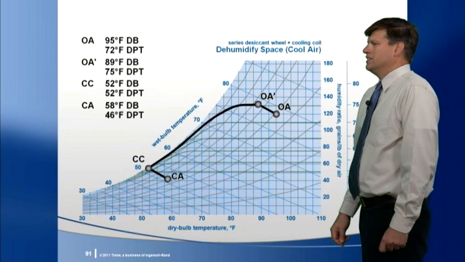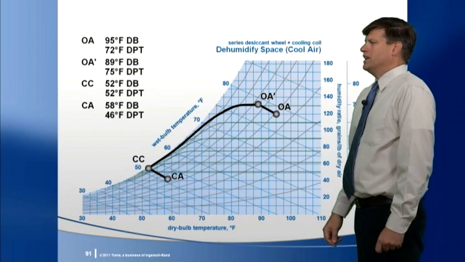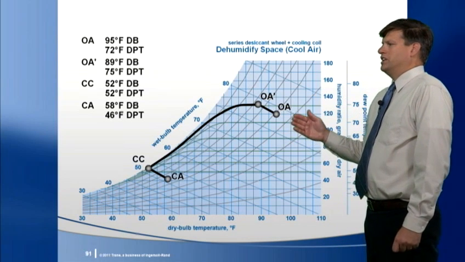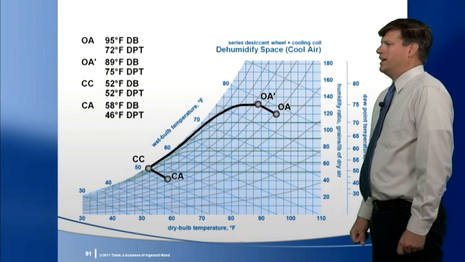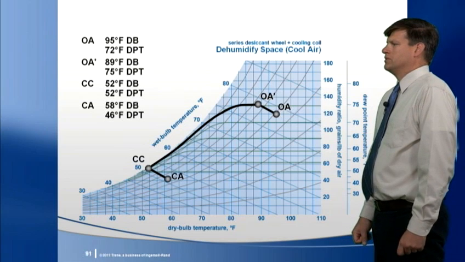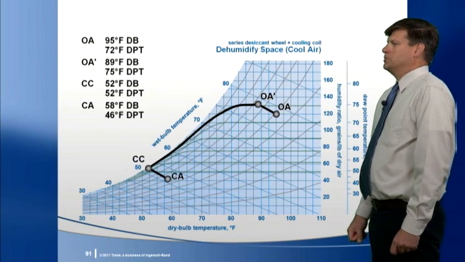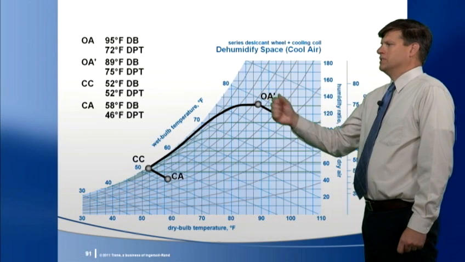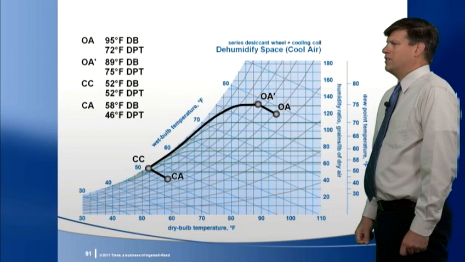The moisture and heat then are transferred to the incoming outdoor airstream. The outdoor air is at 48% RH, so the desiccant will have much less affinity for water vapor. The water vapor absorbed on the process side will be released on the incoming airstream, where it will then be condensed out by the cooling coil.